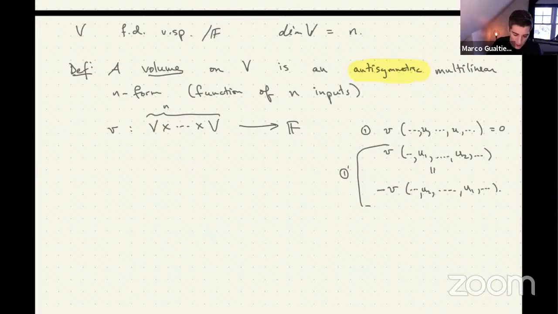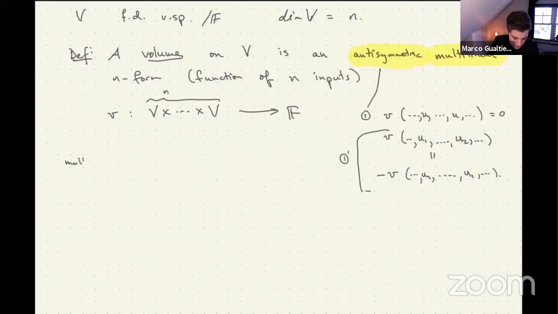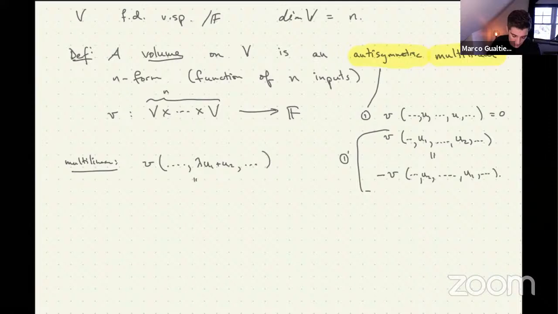That's what antisymmetric means. Now, there's also multilinear. Multilinear means that it's linear in every argument. So if at any point you get a linear combination, lambda u1 plus u2, then this will be lambda applied to the volume where we only have u1, plus the volume where we only have u2.